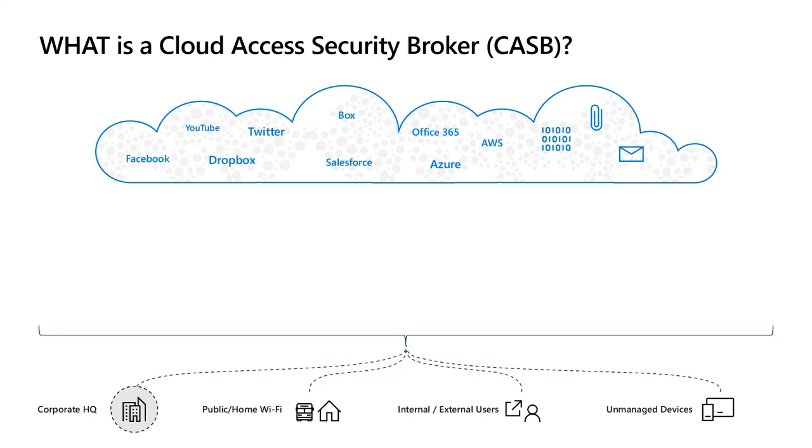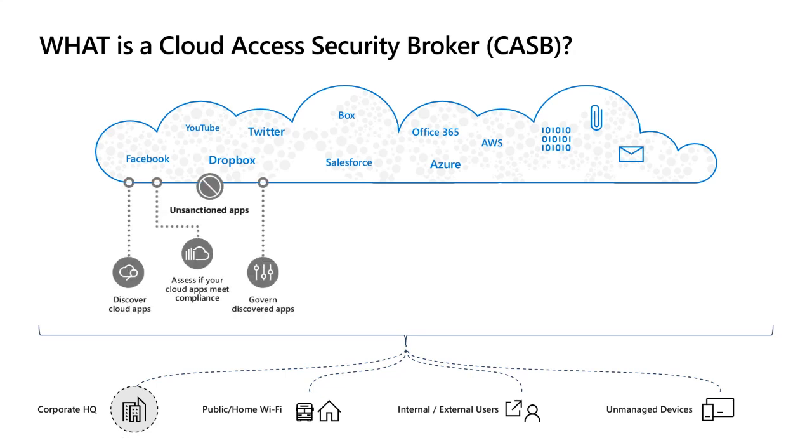But what we're talking about today is data protection, data security, right? As I go from left to right, many organizations moving to the cloud are going to have some unmanaged applications, aka unsanctioned applications.